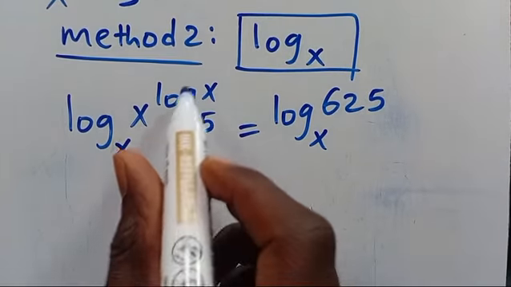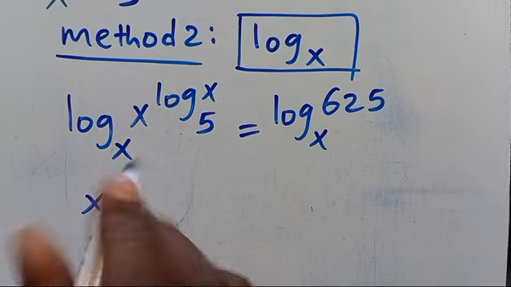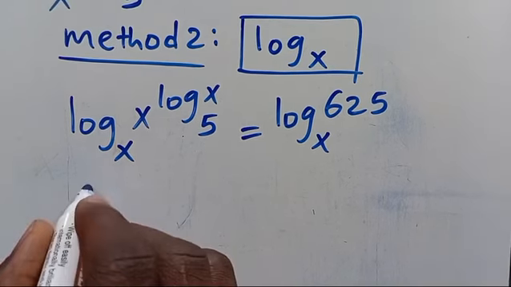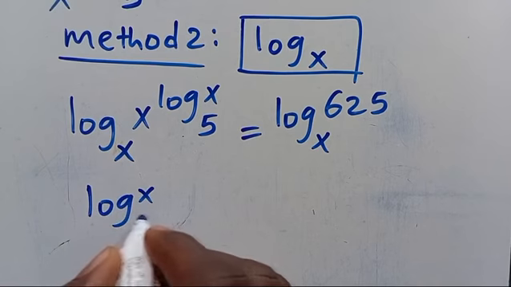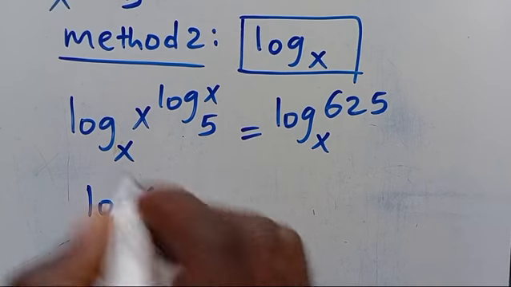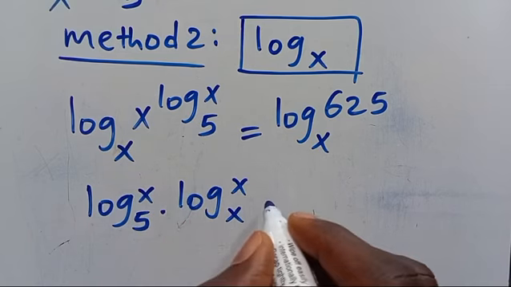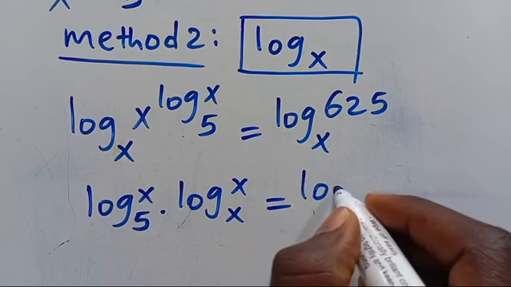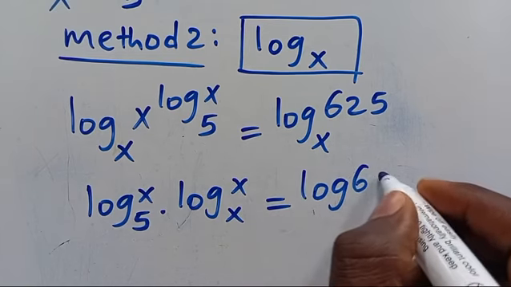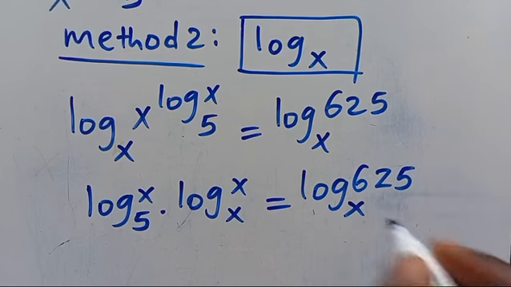From here, this power will come down to the front, with base x. So the power is log x in base 5, multiplied by log x in base x, equals log 625 in base x.